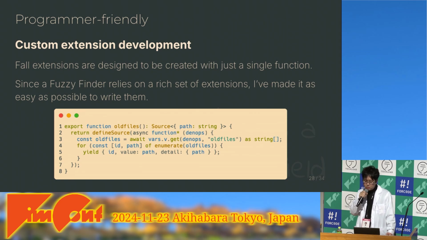So, if you have some TypeScript knowledge, adding new features to Fall is straightforward. Since it's impossible for me to implement every useful feature on my own, I'm really looking forward to seeing contributions from everyone.